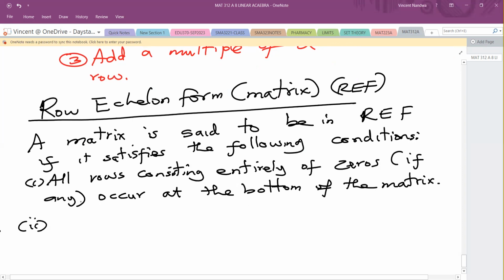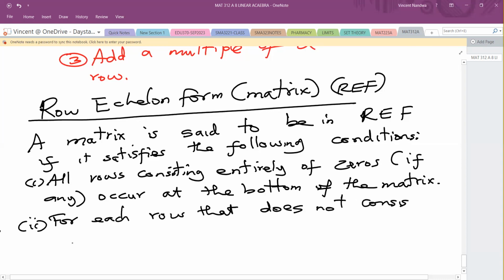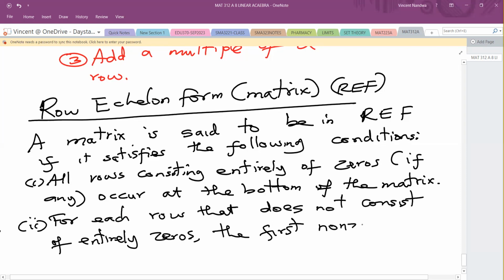Number two, for each row that does not consist entirely of zeros, the first non-zero element or entry.